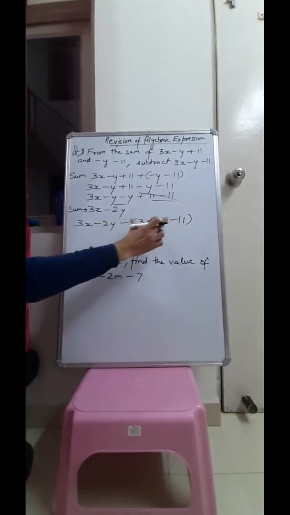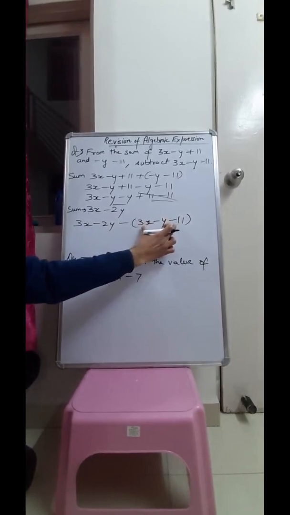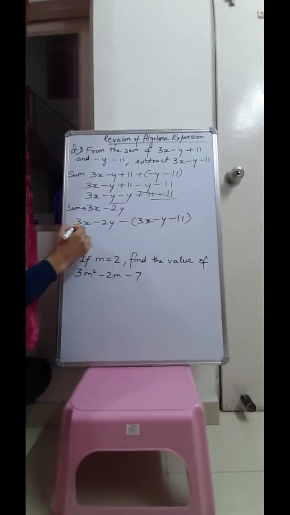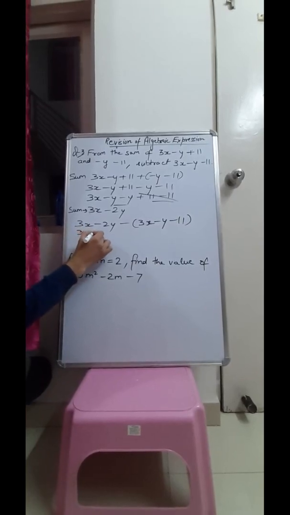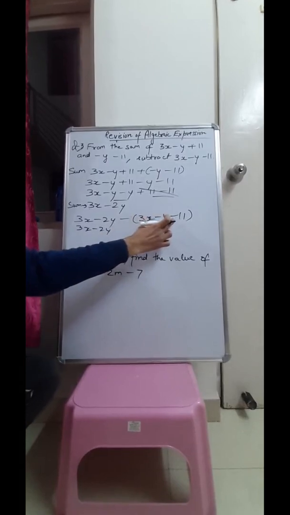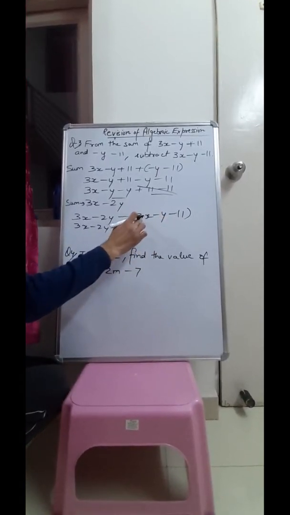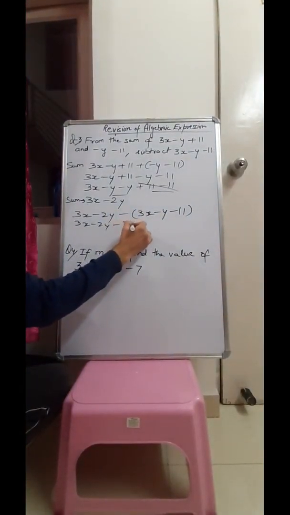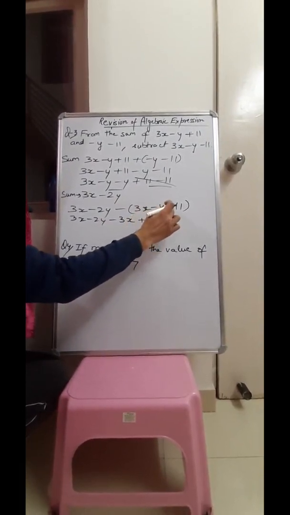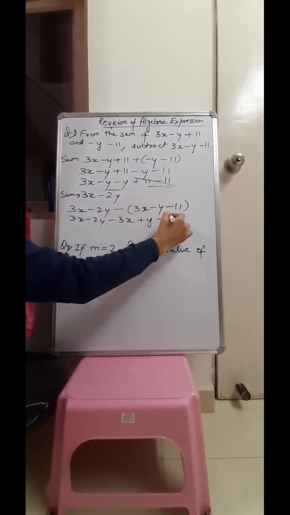The expression that we have to subtract, keep it in a bracket because here it is minus. So this will remain 3x minus 2y, and when you open the bracket, all the signs get changed. Plus becomes minus 3x, minus becomes plus, again minus becomes plus 11.